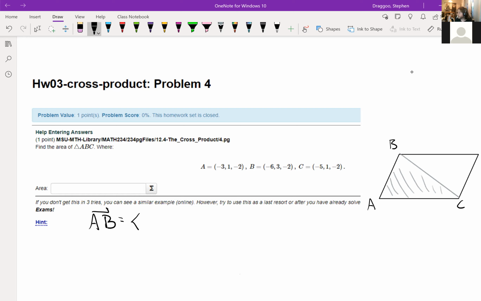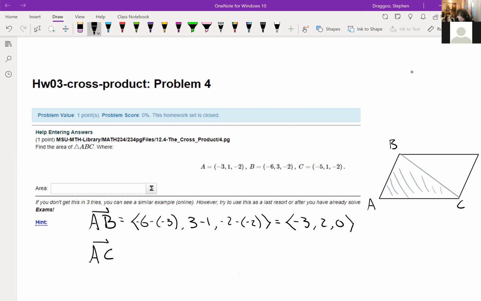Let's see, I've got -6 minus -3, which is -3. Then I've got 3 minus 1 is 2. And then I've got -2 minus -2 is 0. And you know what? Let's at least write that out once. I've got -6 minus -3, I've got 3 minus 1, and I've got -2 minus -2, which is the vector -3, 2, 0.